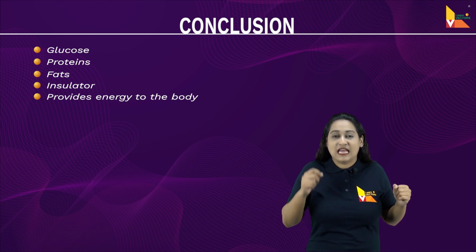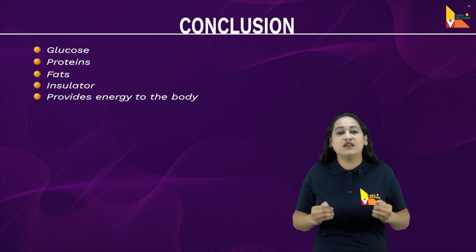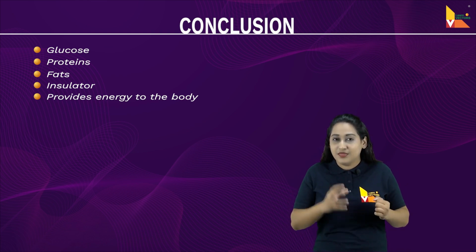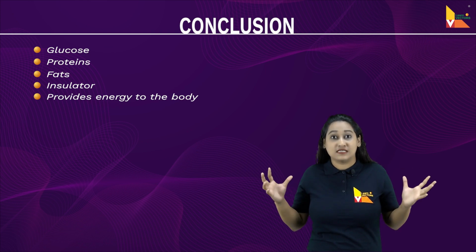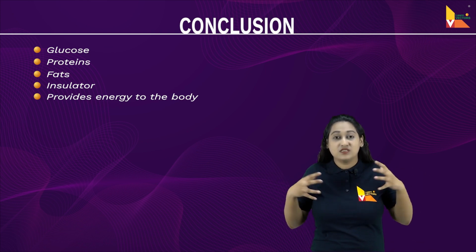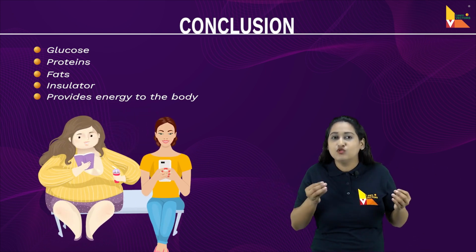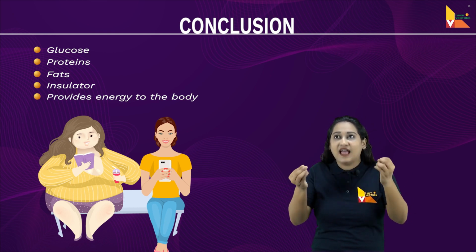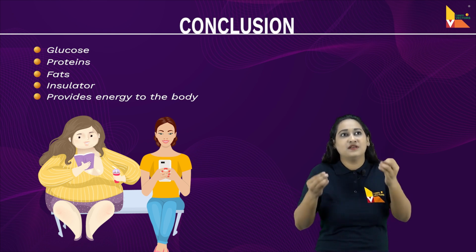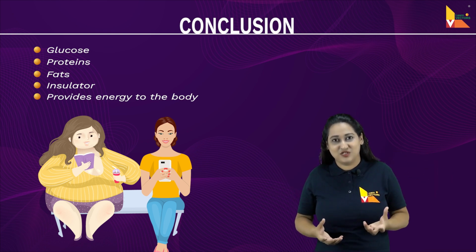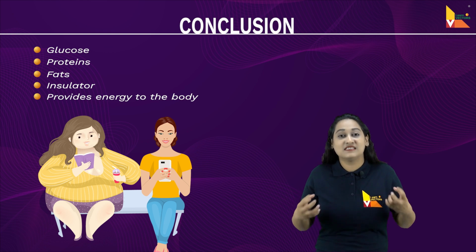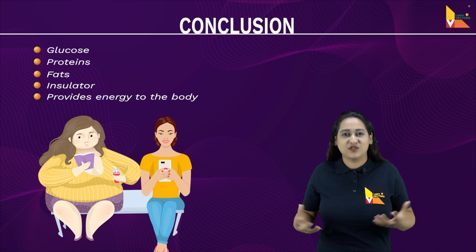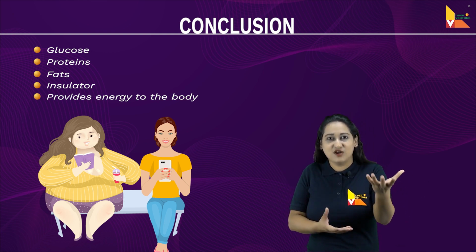If the adipose tissue increases in a body, the person becomes obese, right? And due to this obesity, the person may die of a heart attack. The person may suffer from cholesterol. The person may suffer from BP problems, blood pressure problems. Why did I say die of heart attack?